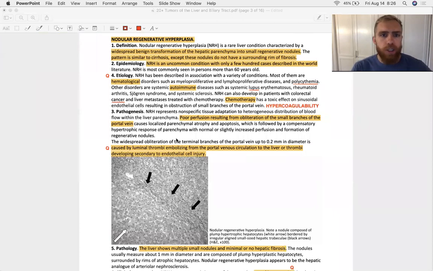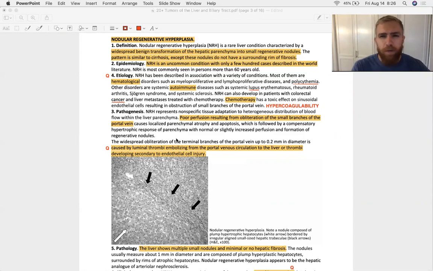So nodular regenerative hyperplasia, again, the names are tricky. You've got to look at the names in order, look at the outline of the SDL to help you start telling the names apart, because that's where you'll get tripped up in this one. It's a benign transformation of the parenchyma of the liver into small regenerative nodules.